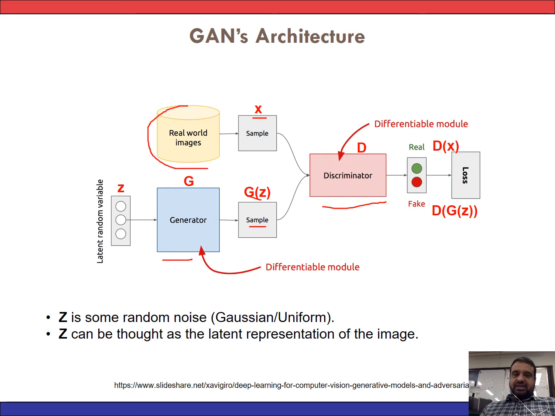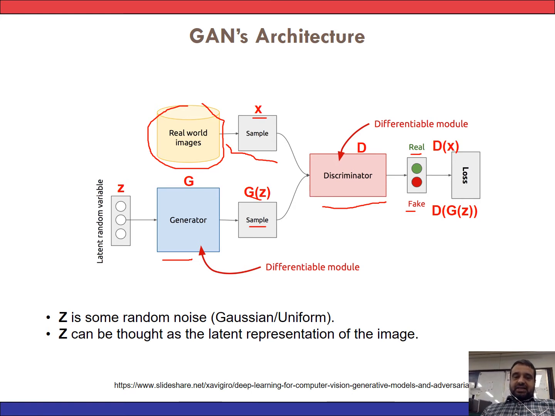So this is the training data. We pass the real image through the discriminator, and it says whether it's a real image or a fake image. So the role of the discriminator is to classify between the real image and the fake image.